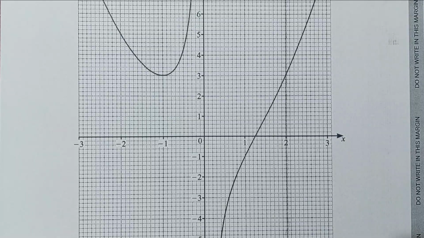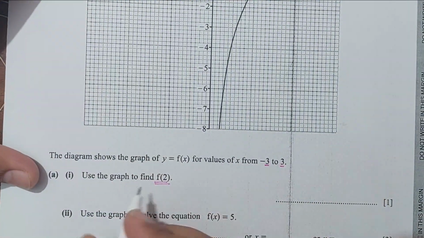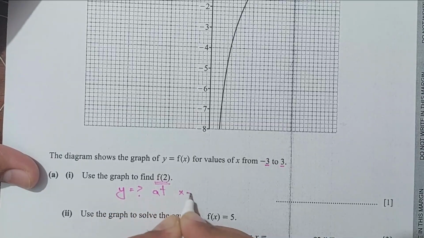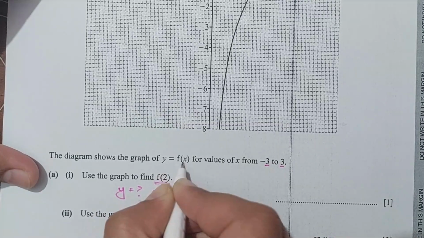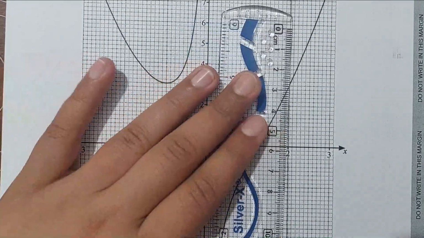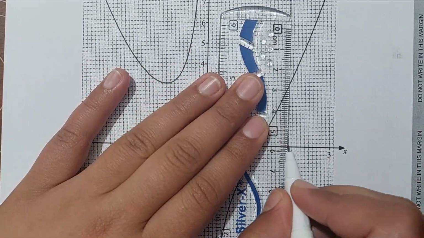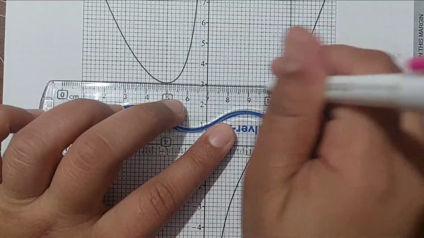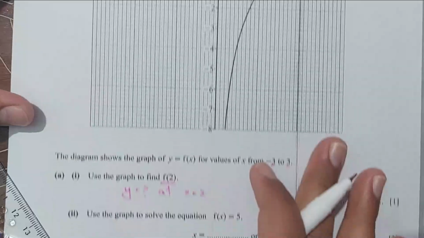Let me use a ruler. f of 2 means we have to solve for y at x equals 2. At x equals 2, the value is 3.